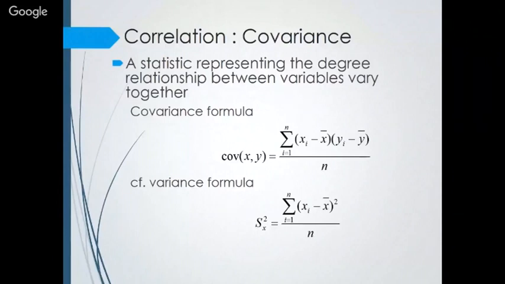That will give the covariance. The variance formula is S square, which is equal to sigma (xi minus x bar) the whole square, divided by the number of observations.